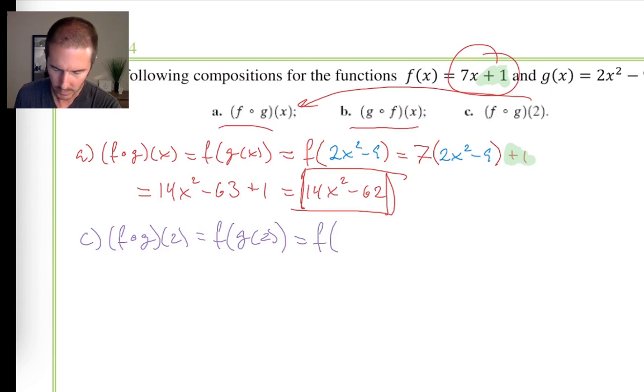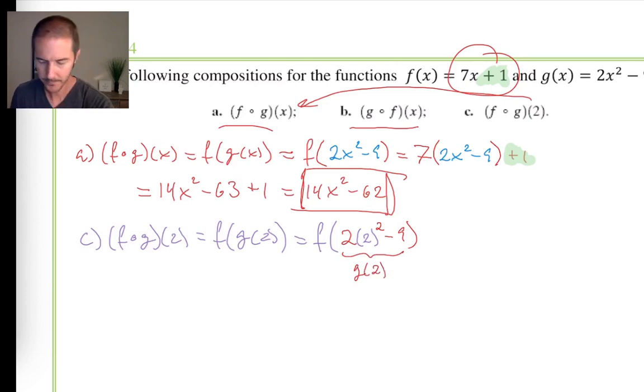So let's see, how should I do that with colors? Let's do our g function, which is 2 times our x value of 2, and we have to square that and then subtract 9. So this is probably the best way to do it, is to write down that this is g of 2.